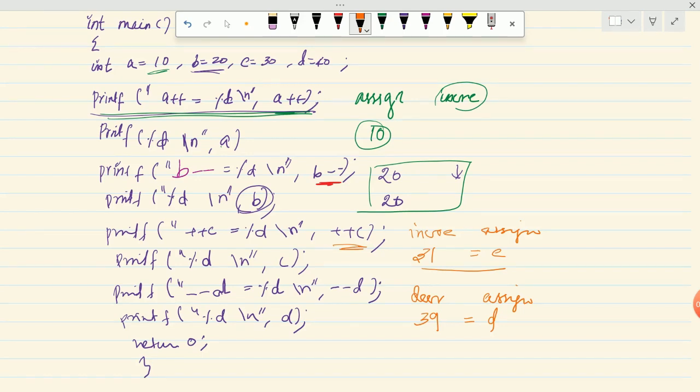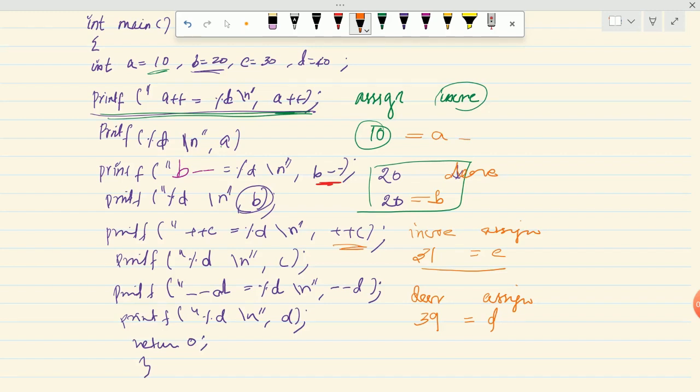Here, plus plus means first it will assign and then only increment. It is assigned to a first, so it is going to print a is equal to 10. Similarly here it will assign and then only decrement, so it is assigned to b first.